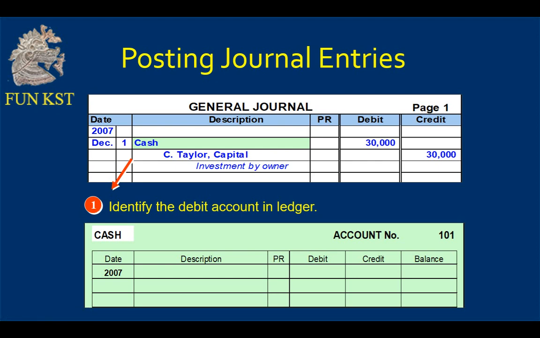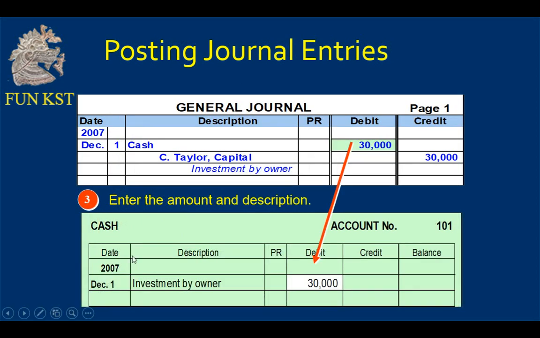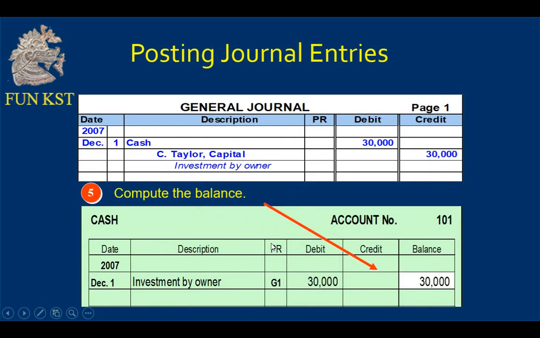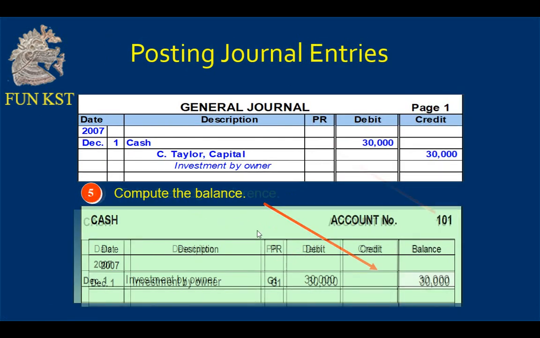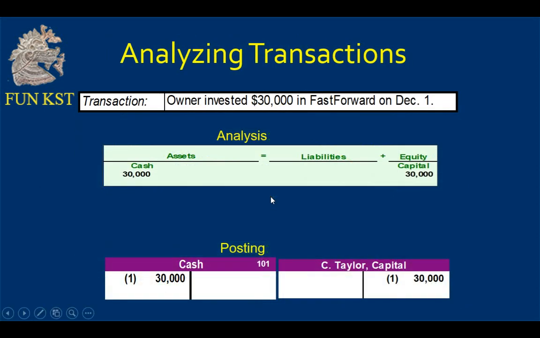In the general ledger, number 1, we identify the debit account in the ledger, number 2, enter the date, number 3, we enter the amount and description, number 4, we enter the journal reference, number 5, we compute the balance, and number 6, enter the ledger reference. Now we can start analyzing transactions by recording them in a journal entry.